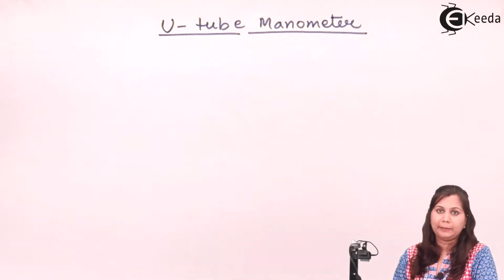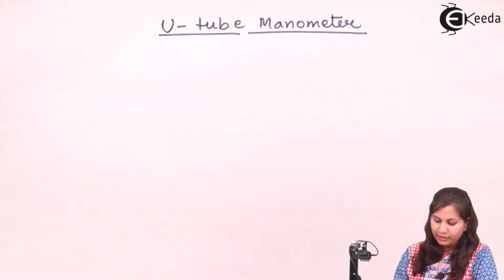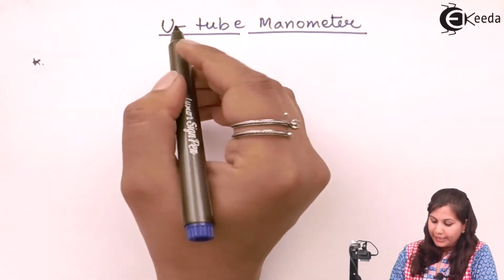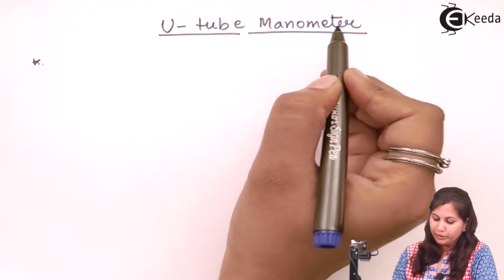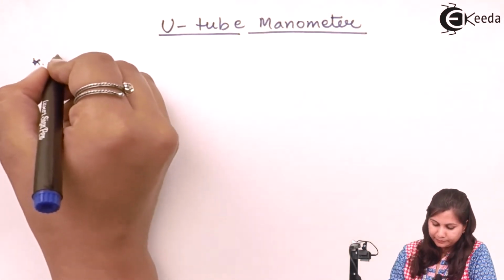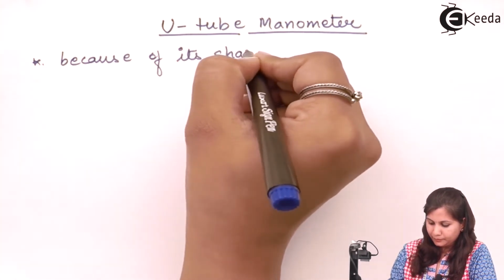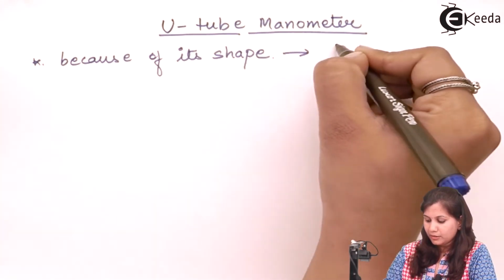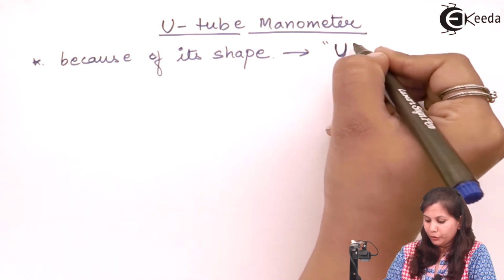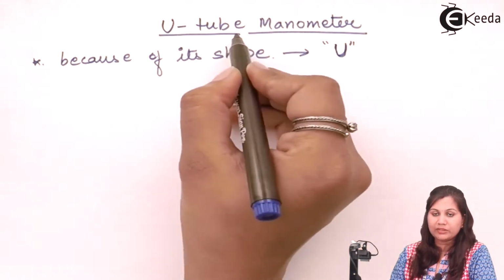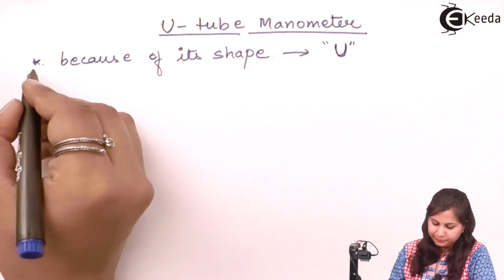Let's see its main parts, that is, what its main components are. It is called U-tube manometer because of its shape: a U-shaped tube is there. Because of its shape, it has derived its name.